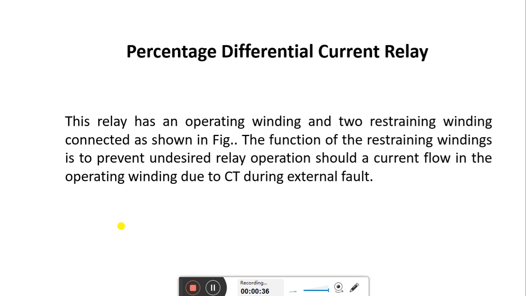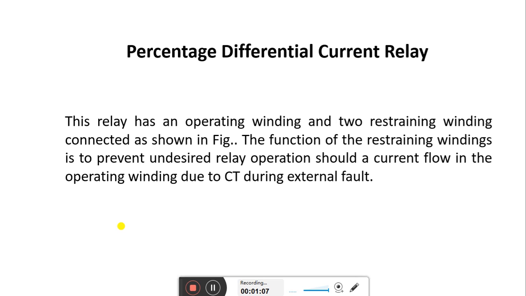But a difficulty was observed: if the fault is an external fault, that is, beyond the protected zone, and there is a change in the turns of the winding, or a change in the resistance or inductance of the winding, or some other malfunctioning in the system, then even if there is no fault, sometimes the operating coil may operate.